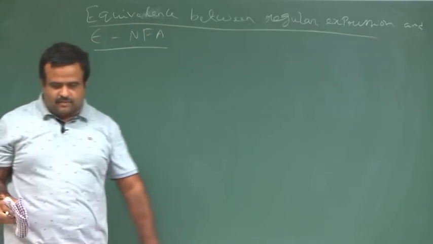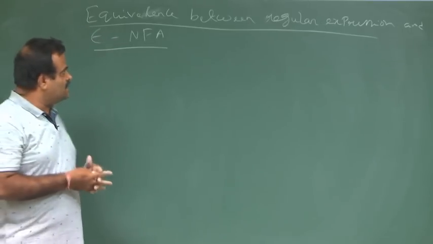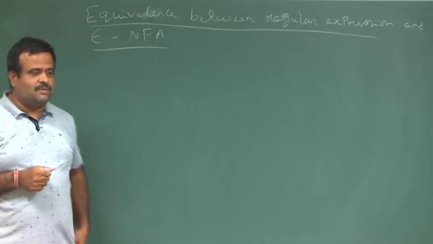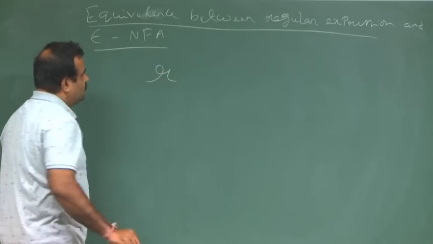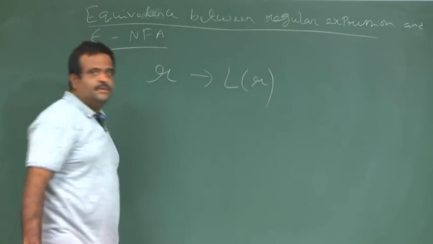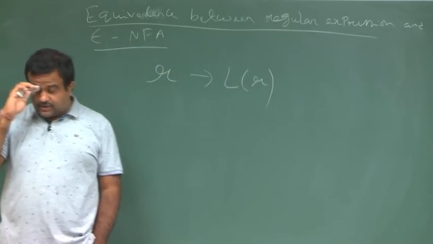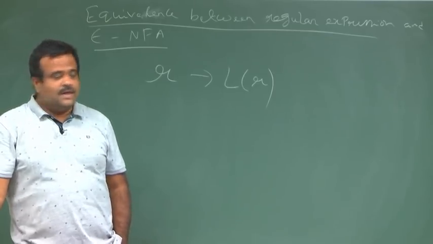So, what is the meaning of this? The meaning is, suppose we are given a regular expression R. It will correspond to a language, depending on the regular expression, and that language is denoted by L of R.